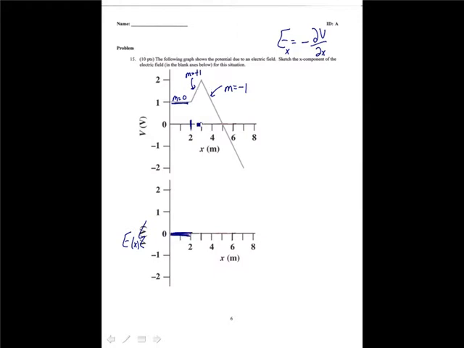From 2 to 3, that covers this section, our electric field is going to be -1. So my graph is going to look something like this. And then from 3 out to 7, the slope of my graph is going to be -1, but the electric field is the negative of the slope.